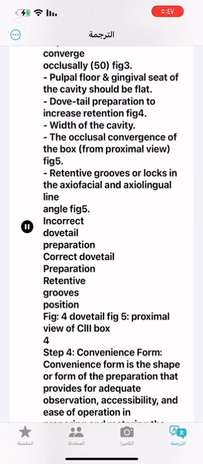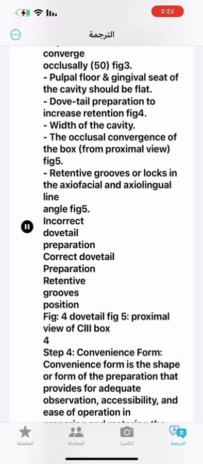The faciolingual width of the preparation should not exceed 1/4 ICD, intercuspal distance, box of Class 2. Width of the cavity should be 1/4 ICD.